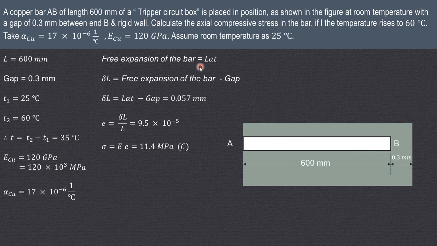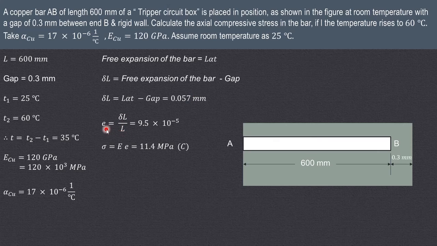Now free expansion of the bar is L alpha T, and delta L will be equal to free expansion minus the gap which is given to us. So L alpha T minus gap. So substitute all the values, that is L, alpha and T. All these values they are known to you. Minus gap, that is 0.3 mm, and that value comes out to be 0.057 mm. Now strain is equal to change in length divided by original length.